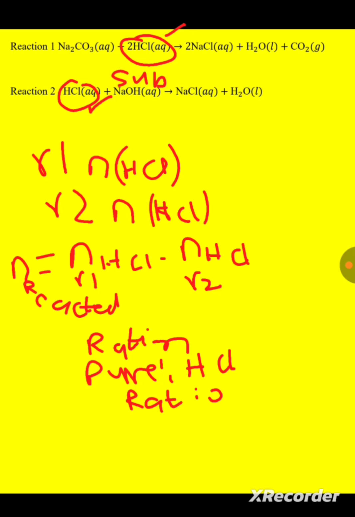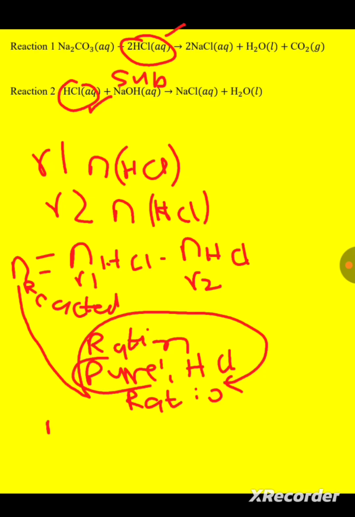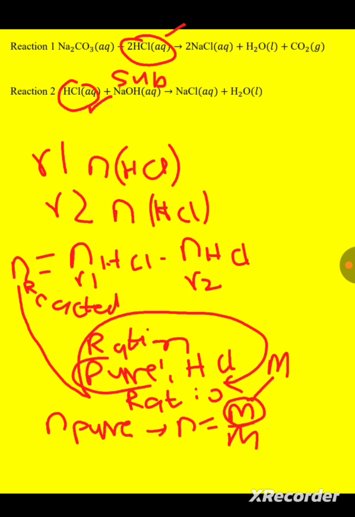Okay, using which number of moles? Using this number of moles here. So for HCl, you use this number of moles there. Then you'll get the number of moles of the pure substance. Then now use n is equals to mass over molar mass to get the mass of the pure substance now.